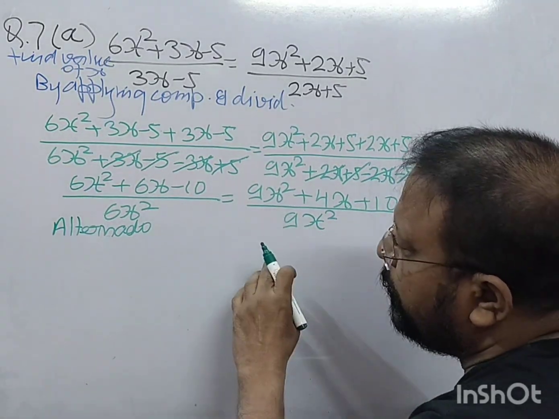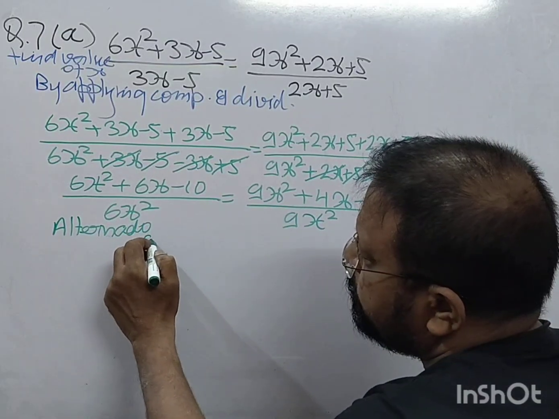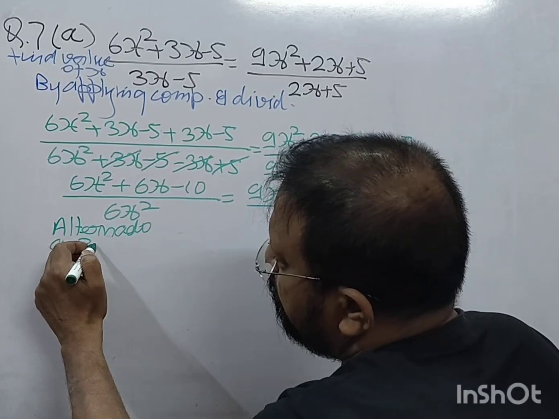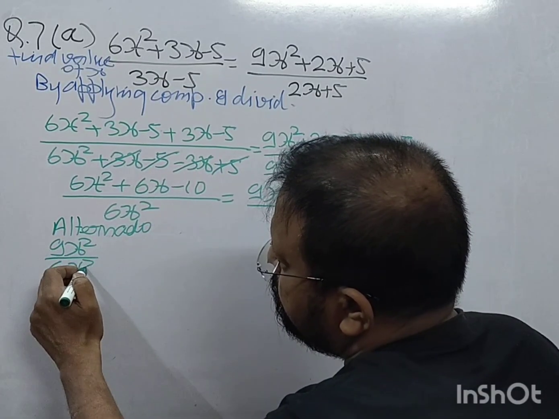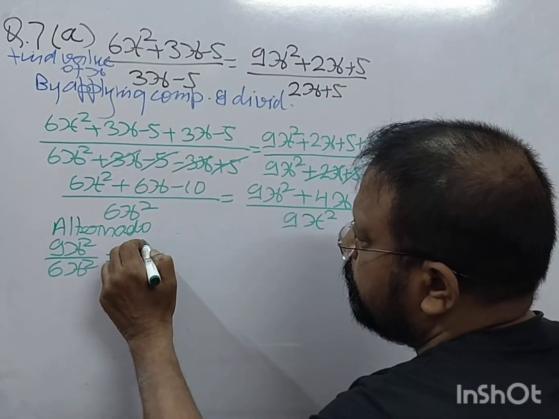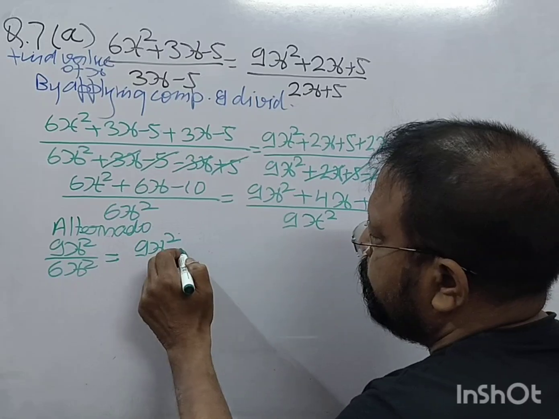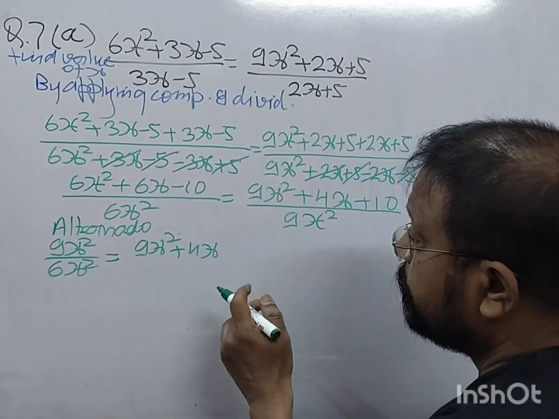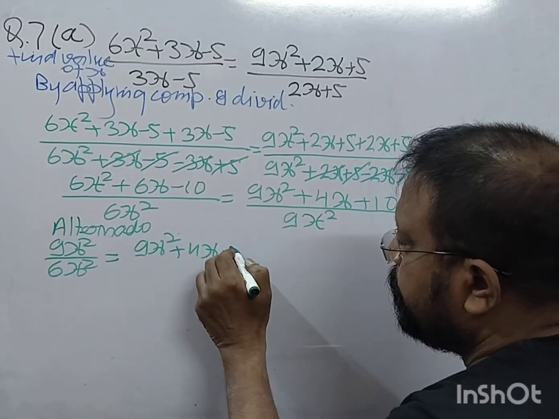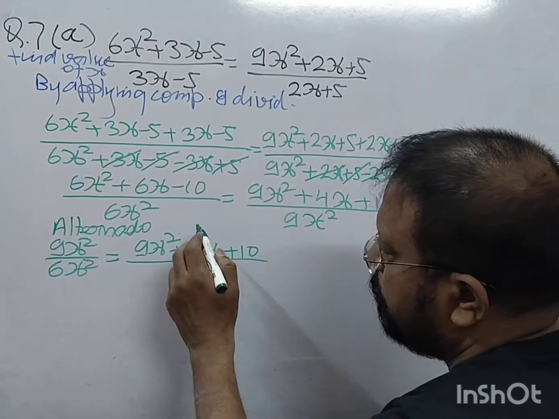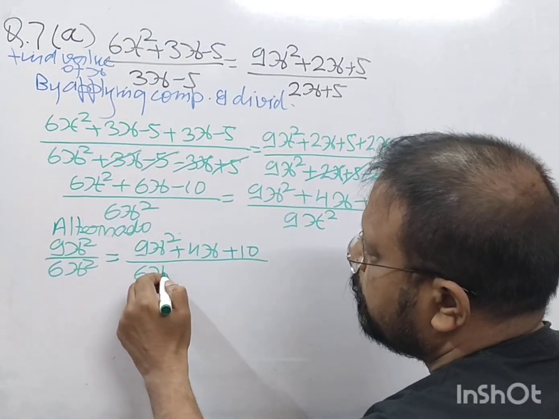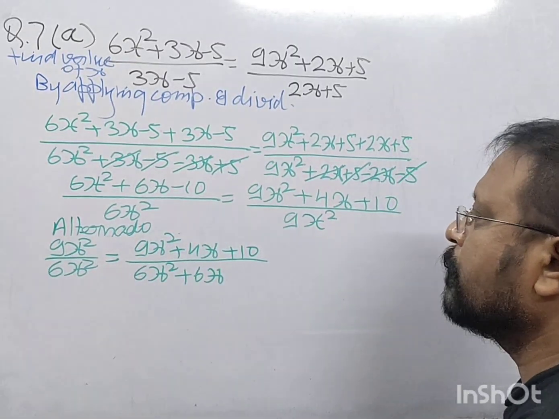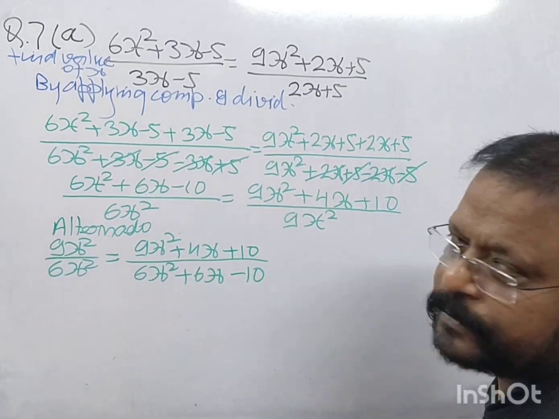If you apply alternendo, you can write here 9x² upon 6x² is equal to (9x² + 4x + 10) upon (6x² + 6x − 10), right?